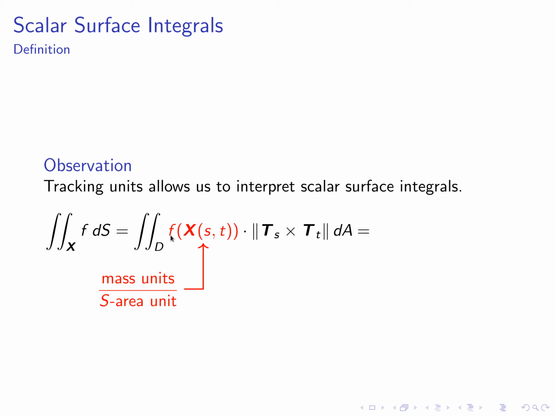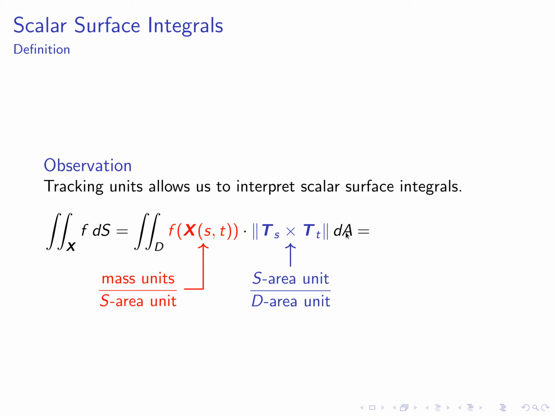The units for little f should be mass units per area unit in the surface S. If we look at our 2 tangent vectors, when we cross them together and take the length, we end up with a scalar quantity whose units are area units in S per area unit in D.